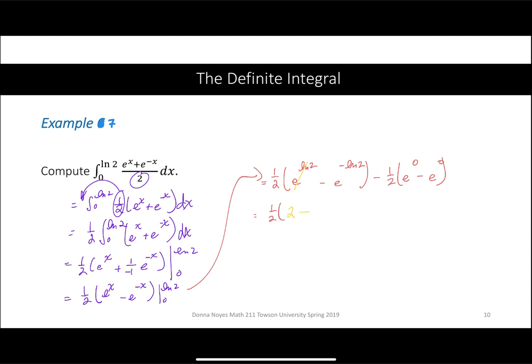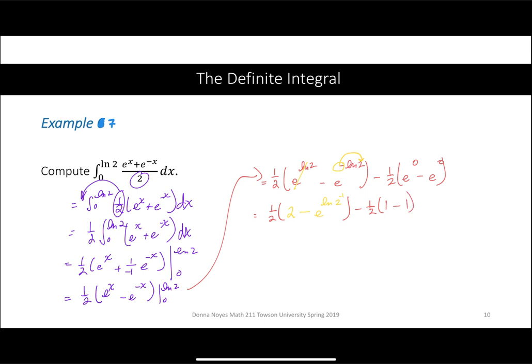minus, well, this takes a little explaining because this negative goes up and becomes a power to the 2. Remember our powers of log, so we get e to the natural log of 2 to the negative 1. And from there, we're subtracting 1/2 times, well, e to the 0 is 1, minus e to the 0 is also 1.